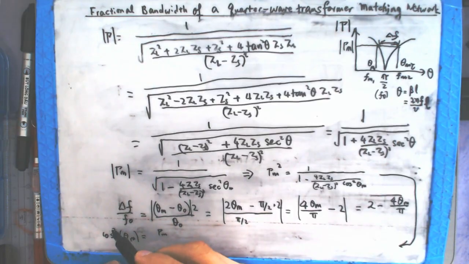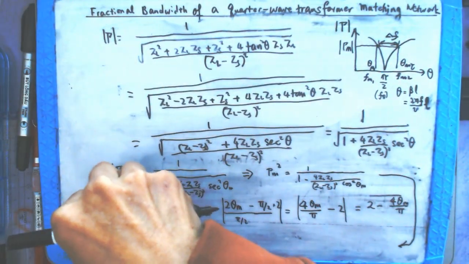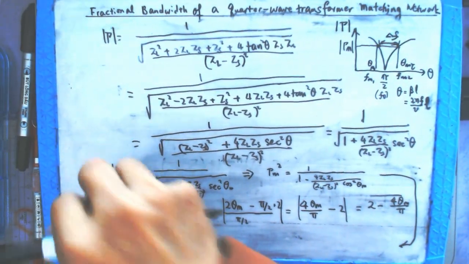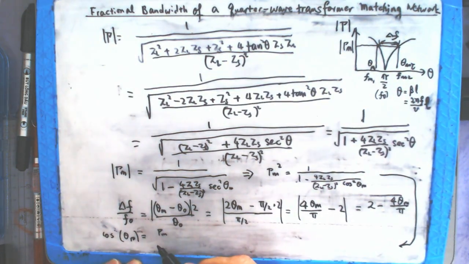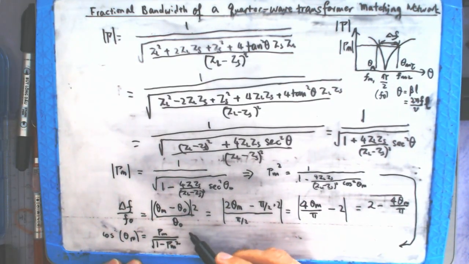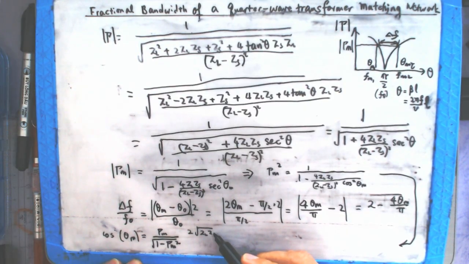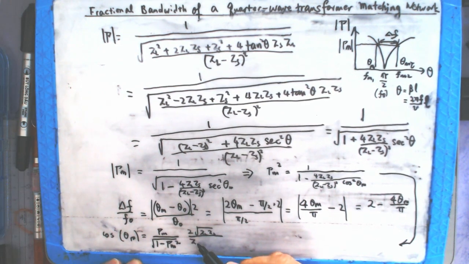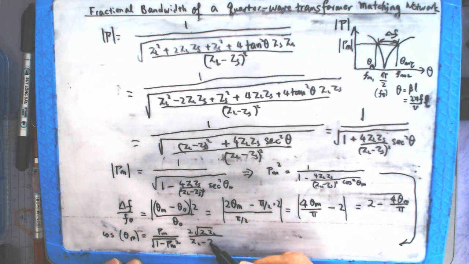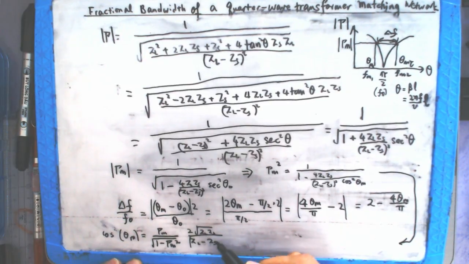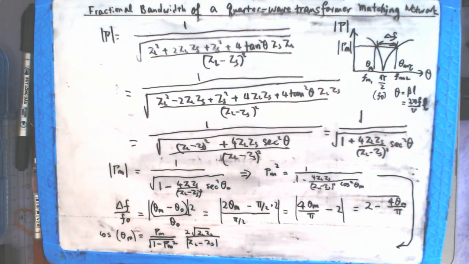Actually, we can take square out. So if you do it very carefully, you will get this. So this is the value of theta m.